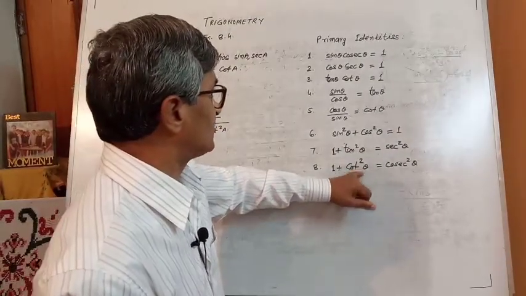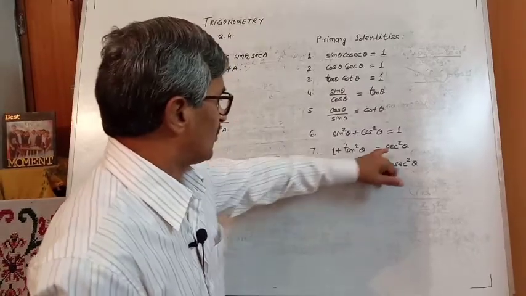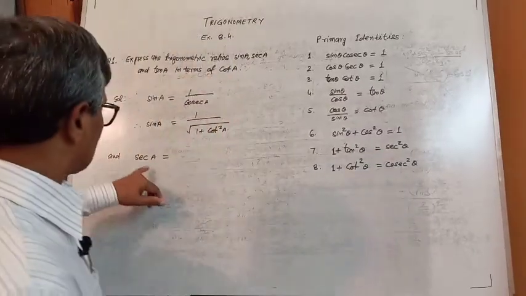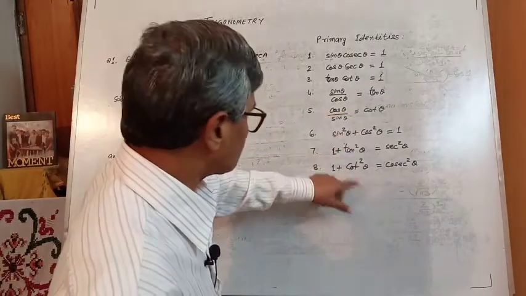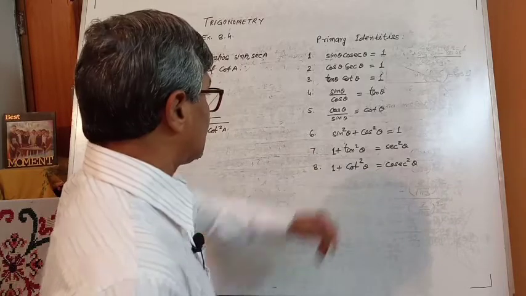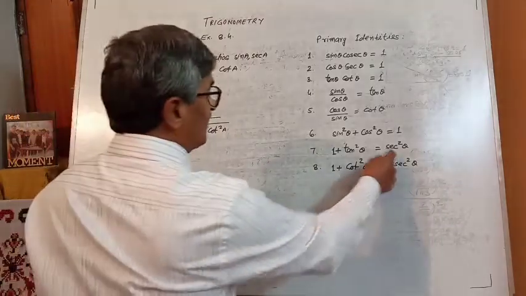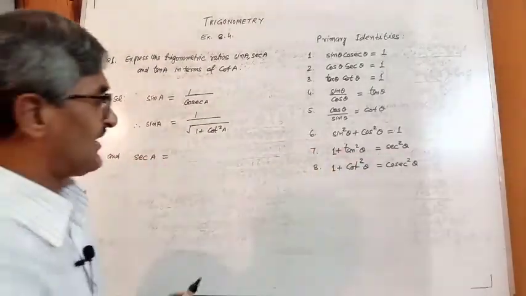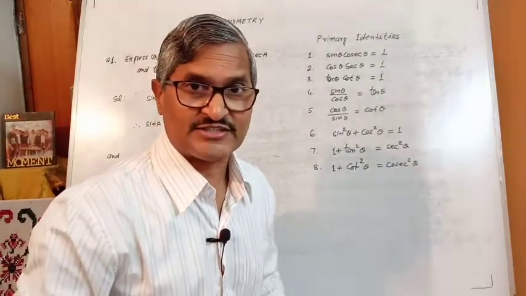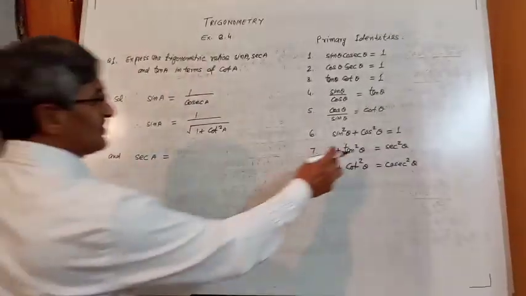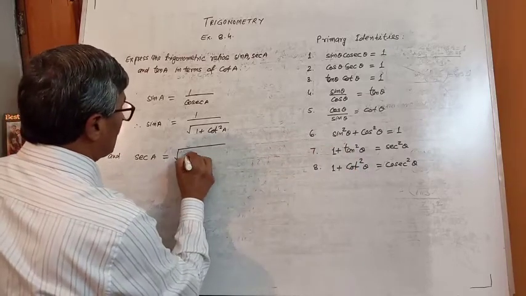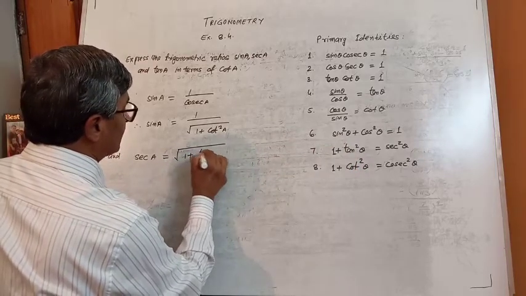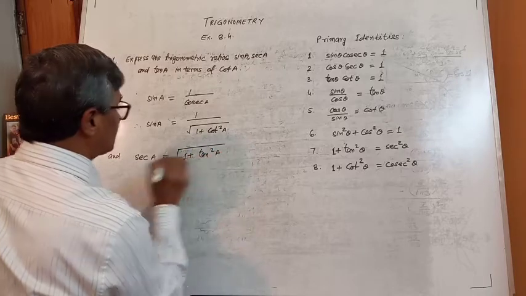So sec theta will be changed to tan theta, and tan theta will be changed to cot theta. Here we can write under root 1 plus tan square A.